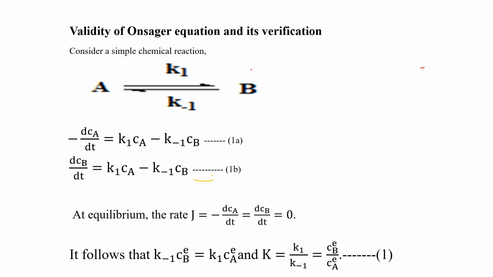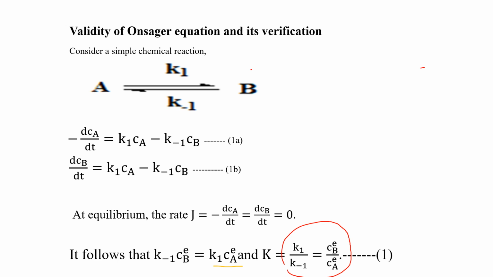So K minus 1 Cbe will be equal to K1 Cae. Rearranging the K and C values to one side, we get K1 by K minus 1 is equal to Cbe divided by Cae, that is the concentration of B at equilibrium divided by the concentration of A at equilibrium.